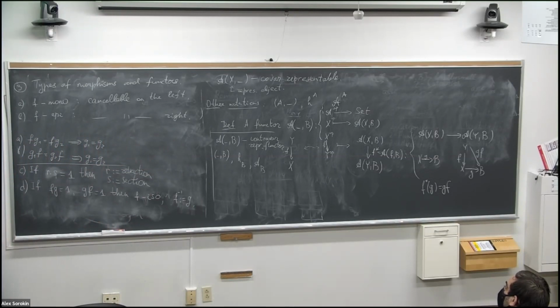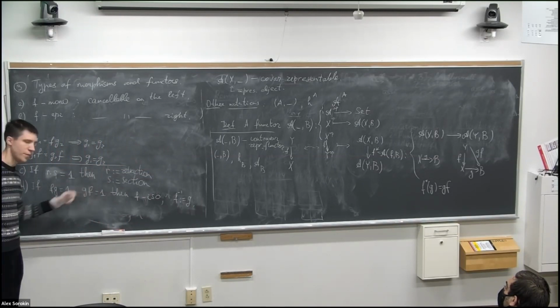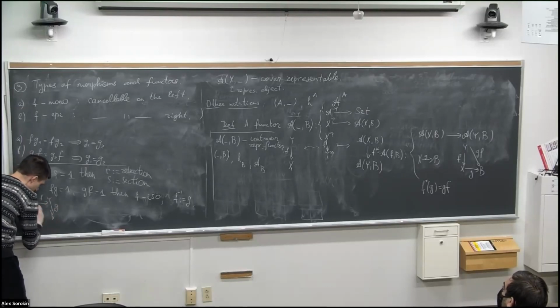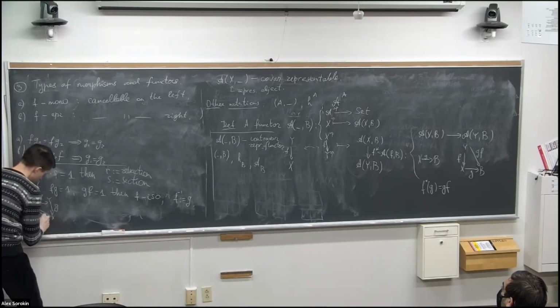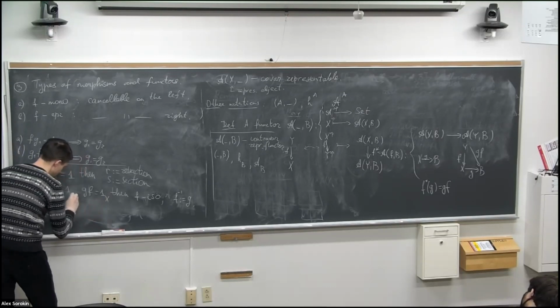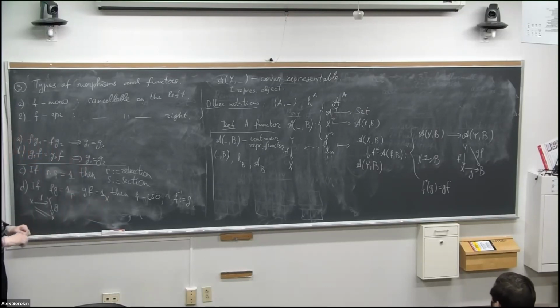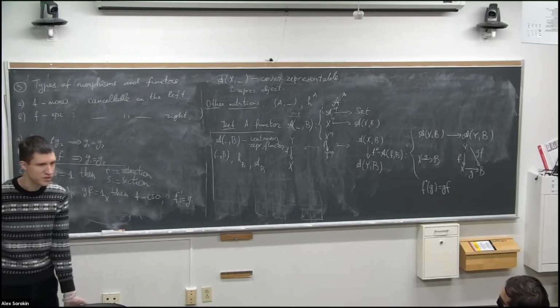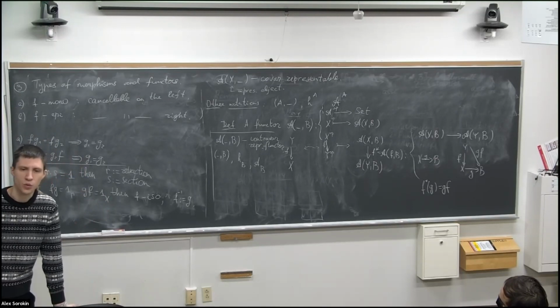Everything that you know from group theory. Why did I write it separately? Because F here, G here, X, Y, X. So G F will be 1 sub X, here will be 1 sub Y. I can't just write F G equals G F equals 1. In groups, you can write that. No, not this way.